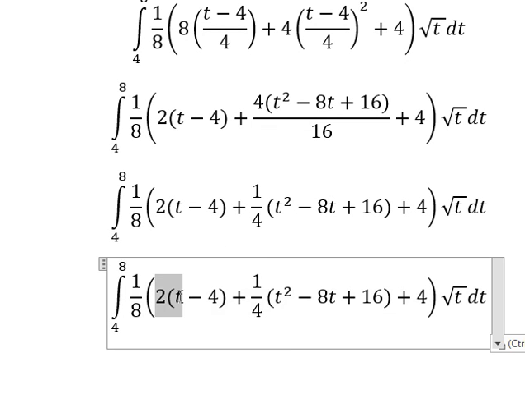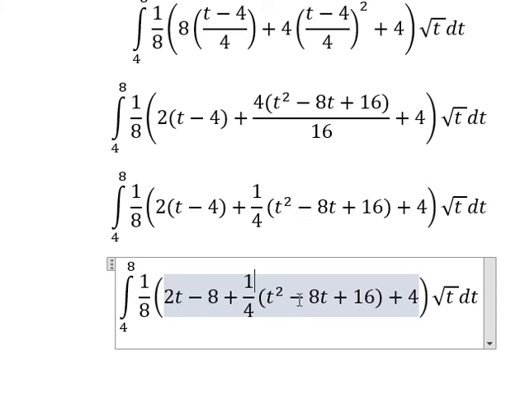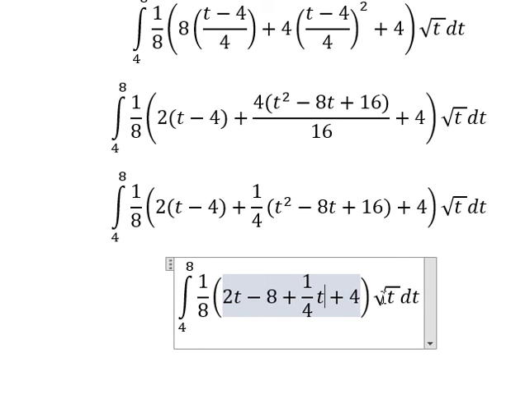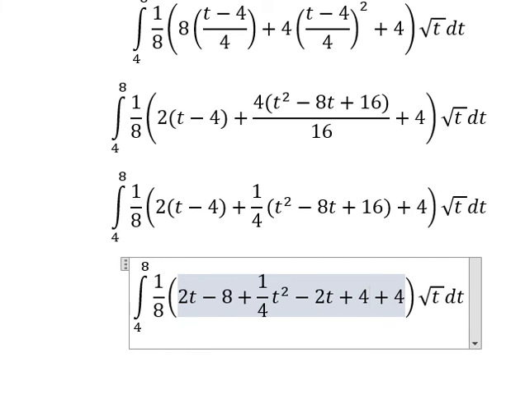And now we need to expand everything here. So we have 2t minus 8. This one we have 1 over 4 times t squared minus 2t plus 4.